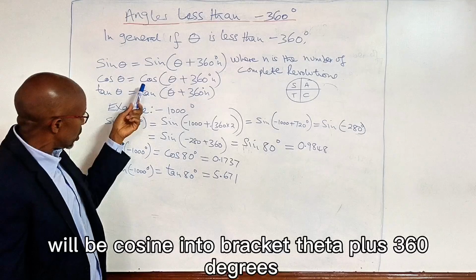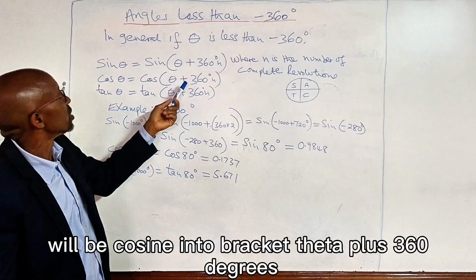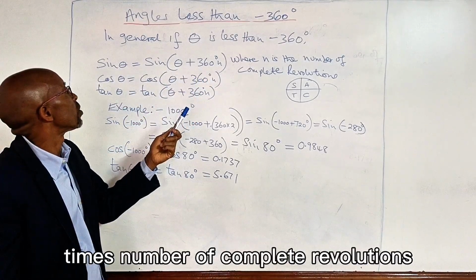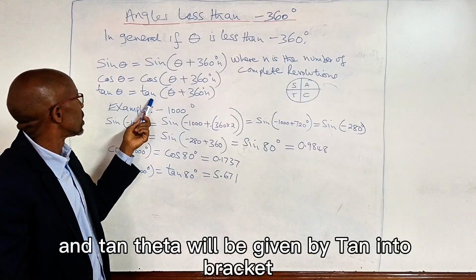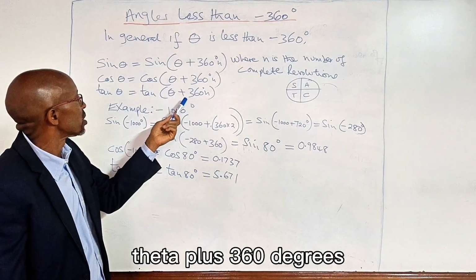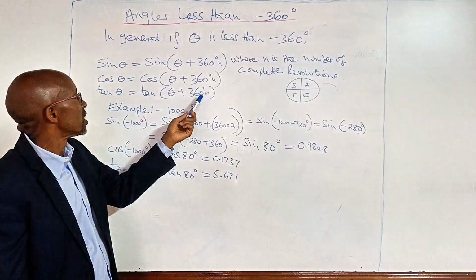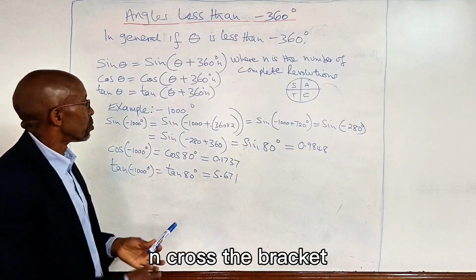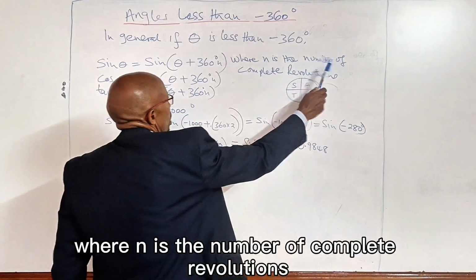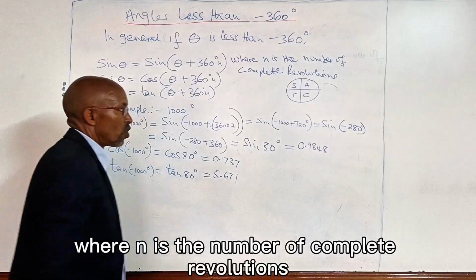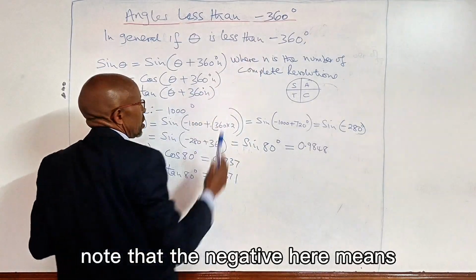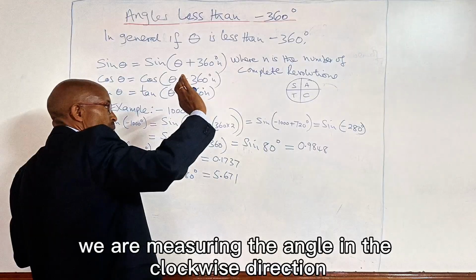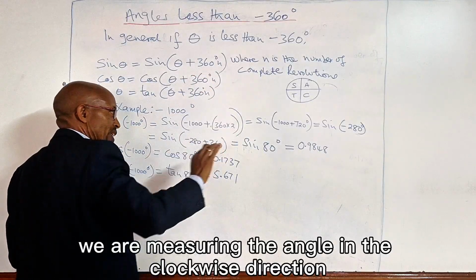Cos theta will be cosine into bracket theta plus 360 degrees times the number of complete revolutions, and tan theta will be given by tan into bracket theta plus 360 degrees n. Close the bracket, where n is the number of complete revolutions. Note that the negative here means now we are measuring the angle in a clockwise direction.